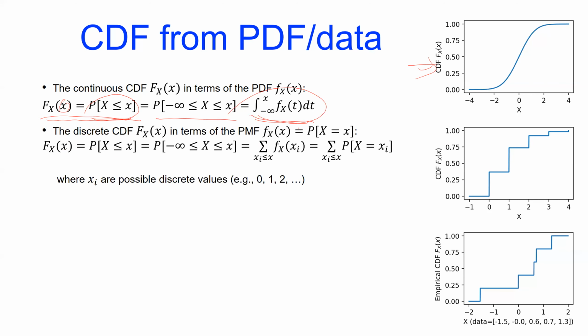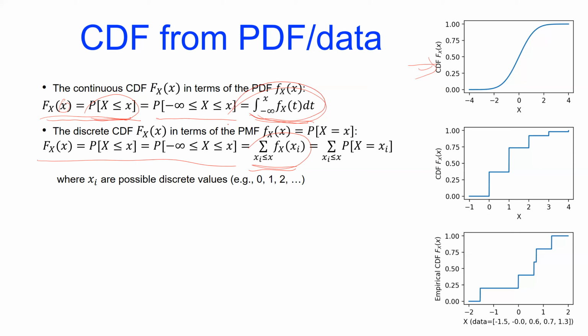So if you have a discrete case, essentially the first half is the same, but the only difference is that you replace your integral with a summation, because now you no longer have a density function, you have the mass function, the probability mass function. So now you have those individual discrete cases, and you add them. Essentially, one is just the continuous form of the other.